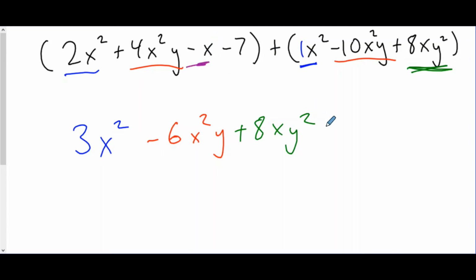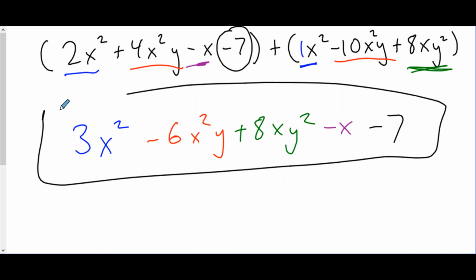That's the only x term. Again, x is not the same as x squared because the exponent's not the same. And then the last thing I have to write down is this minus 7. It's the only constant, so I'll write that at the end. And that is my answer because I've added all of the things up that are like terms.